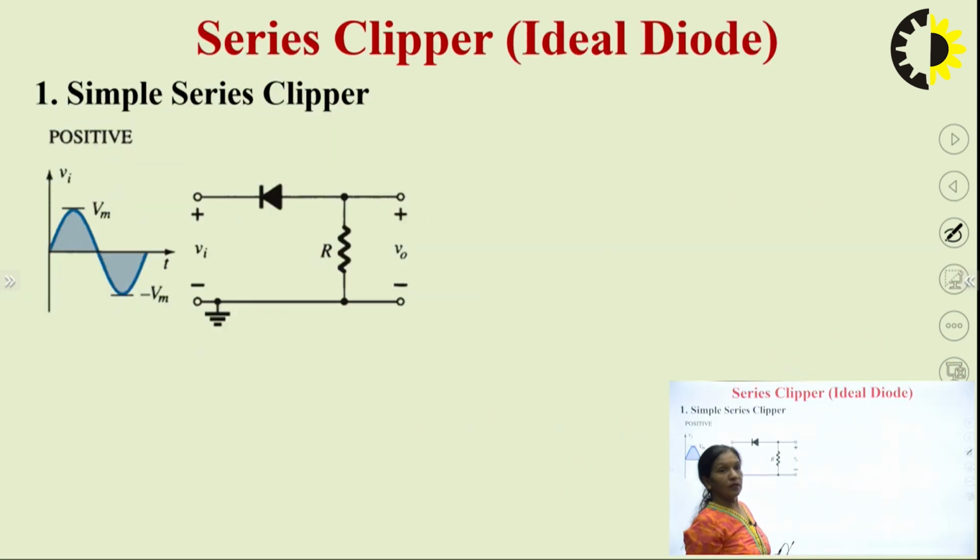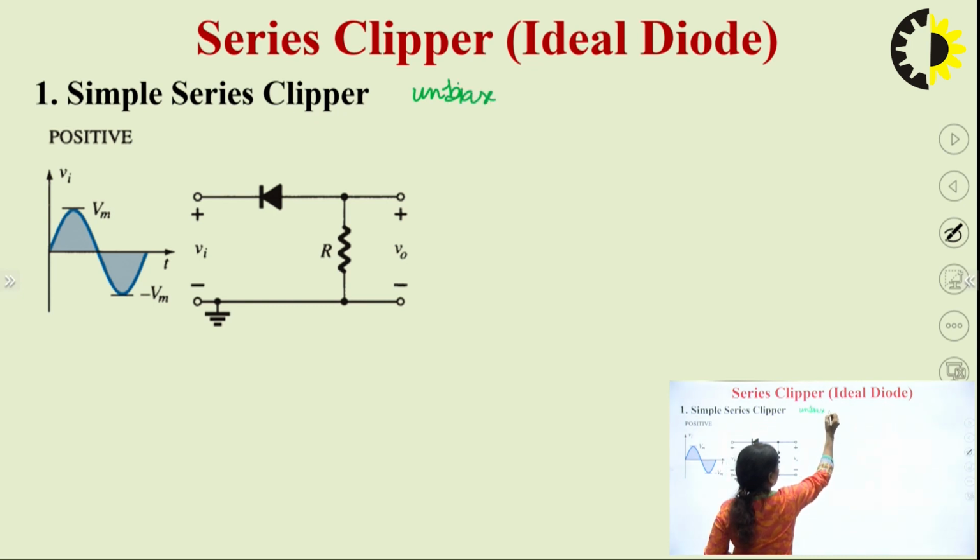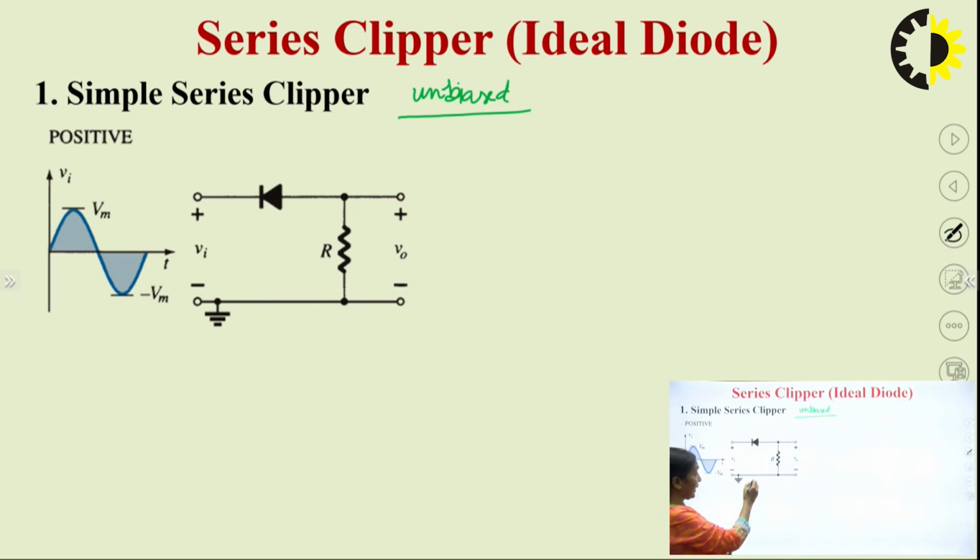This is the first example of the series clipper, and it is an unbiased clipper circuit. Why is it unbiased? Because here we can see that we have only a diode and a resistance, and there are no additional batteries connected in the circuit.